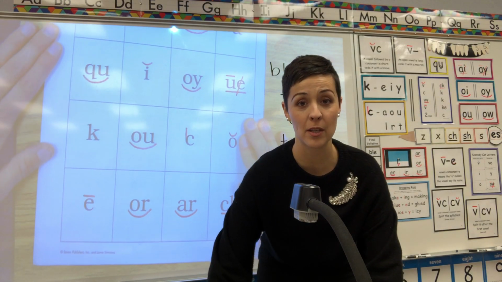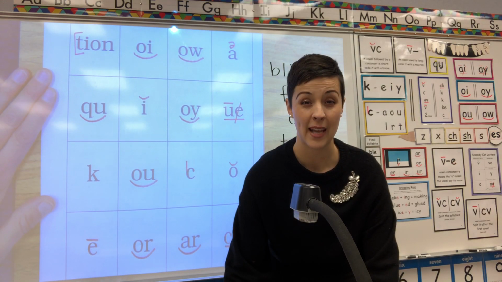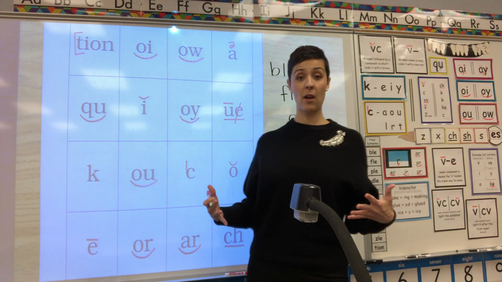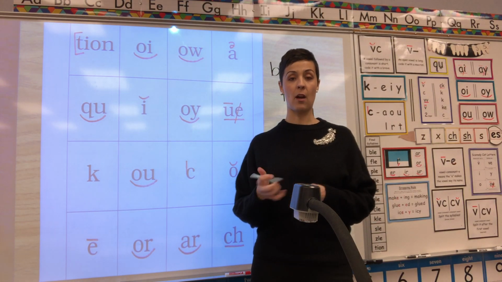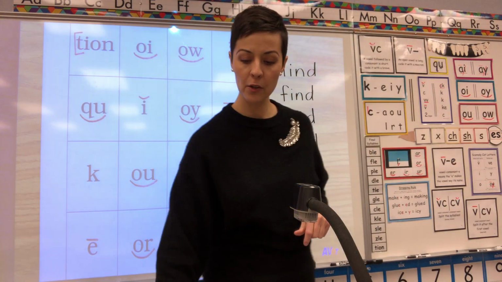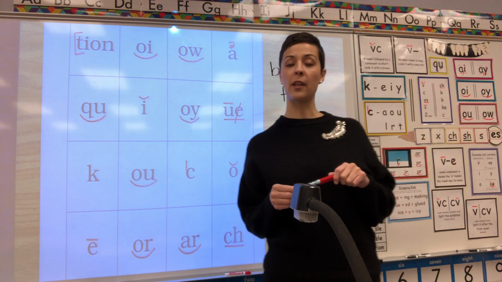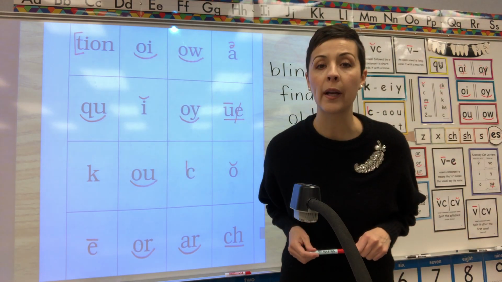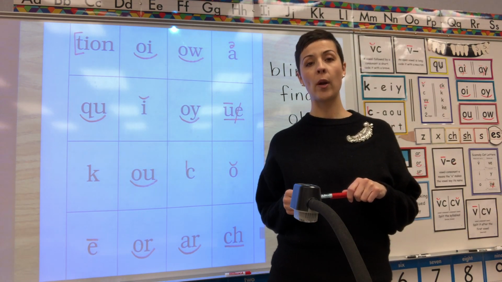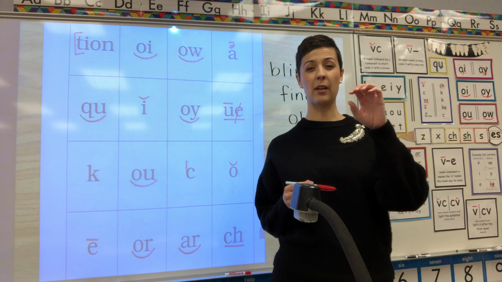Okay, here's how this is going to work then. I will say a sound or a word with a sound, and your job is to cross off the sound as soon as you know which letters make that sound. Here's your first one. Cover up what's the initial sound you hear at the beginning of organ. Organ. And if you need to, you can always bounce the first sound so that you can hear it.